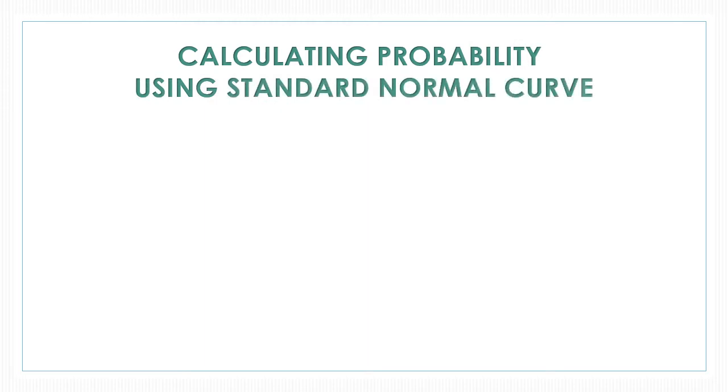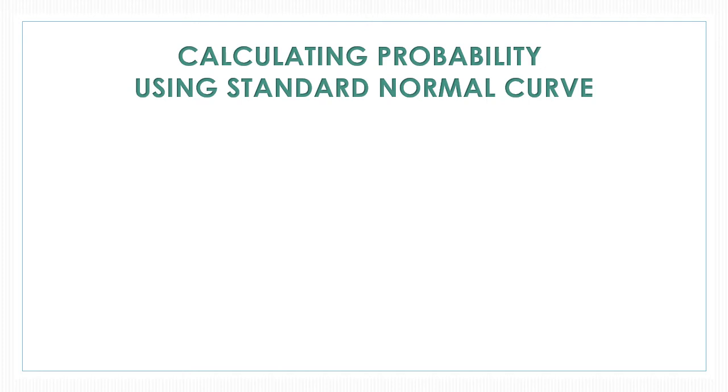Now let's come to the main part of this chapter, or why we are studying this chapter: we need to calculate probabilities. I just told you that the probability density function of variable x, the normal variable, is very complicated.